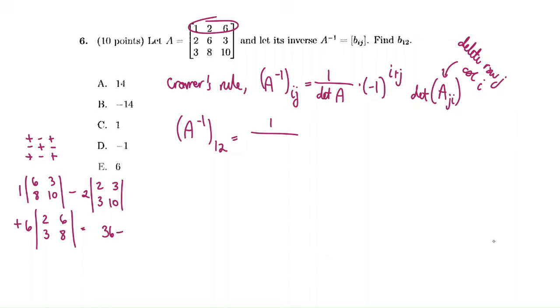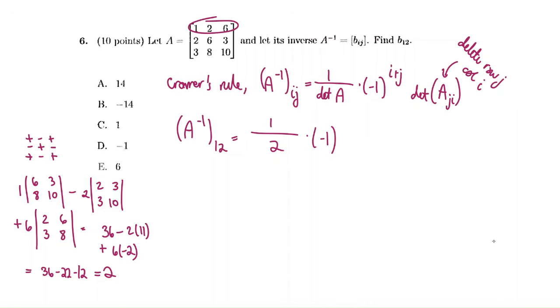Minus 2 times 11, plus 6 times negative 2. Okay, and this gives us 36 minus 22 minus 12, which is 2. So the determinant of A is 2. Okay, so 1 over 2 times negative 1 to the 1 plus 2, which is negative 1.